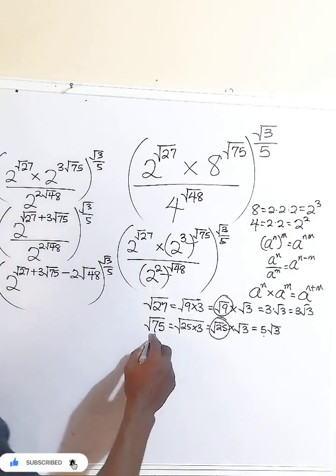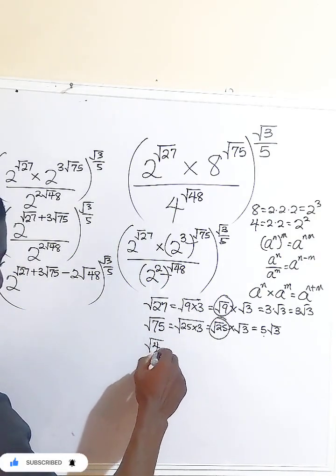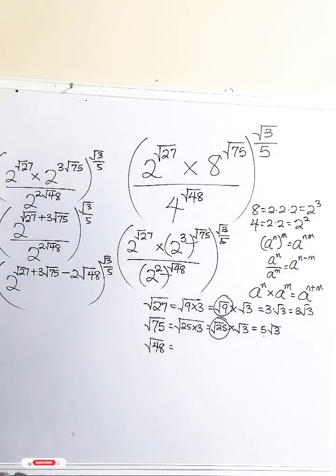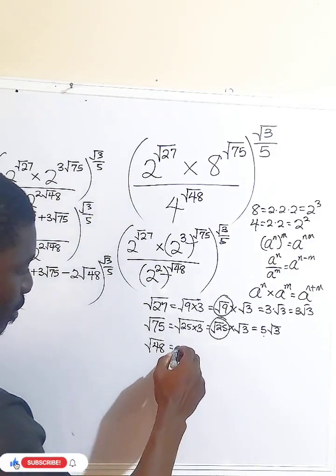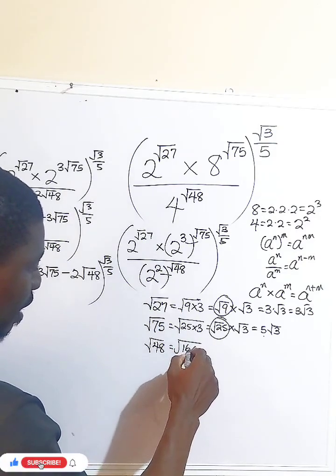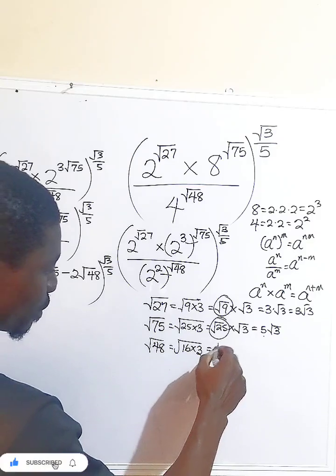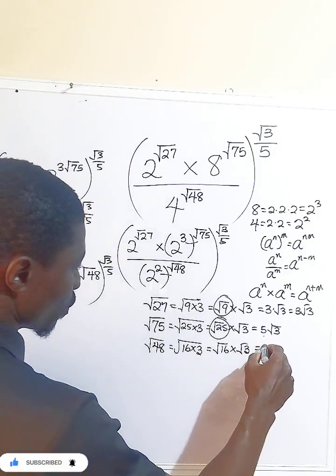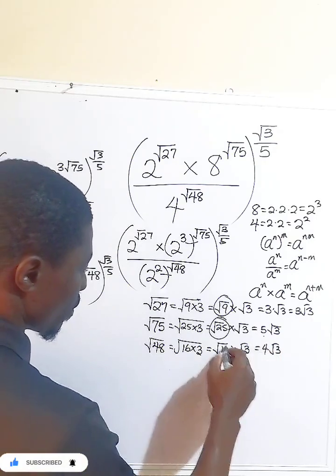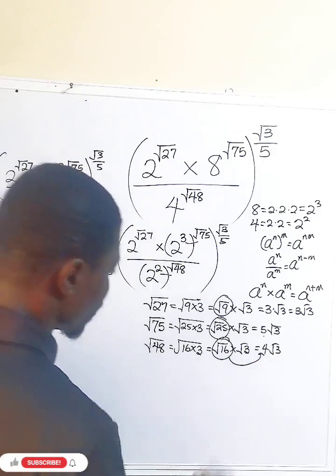And the next one is 48. Now this one, to divide this by 3, we have 16 times 3, which will give us the square root of 16 times the square root of 3, which will give us 4 root 3, because the square root of 16 is 4.